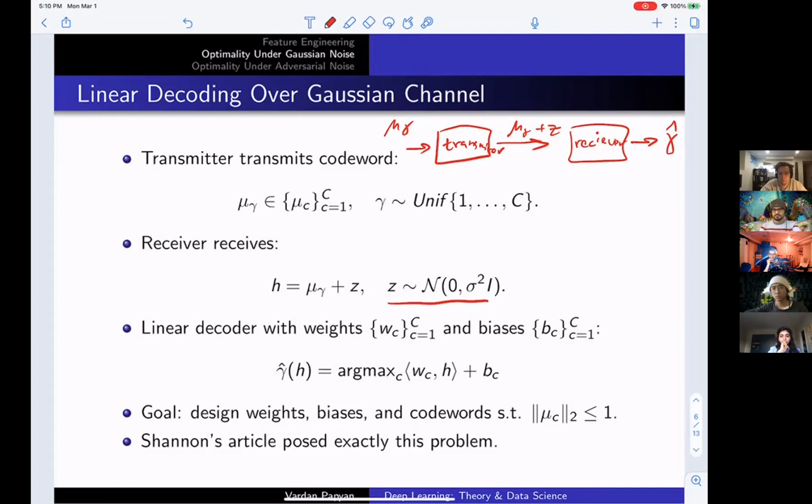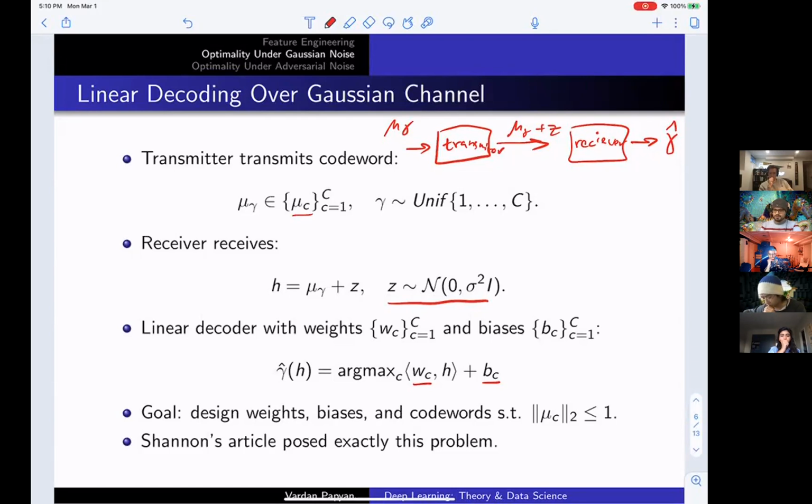Reasonable, right? Now, what is the goal in this linear decoding over a Gaussian channel? The goal is to design the weights, denoted by W_C, the biases, denoted by B_C, and the code words, denoted by mu C, because these are all the parameters of the problem.